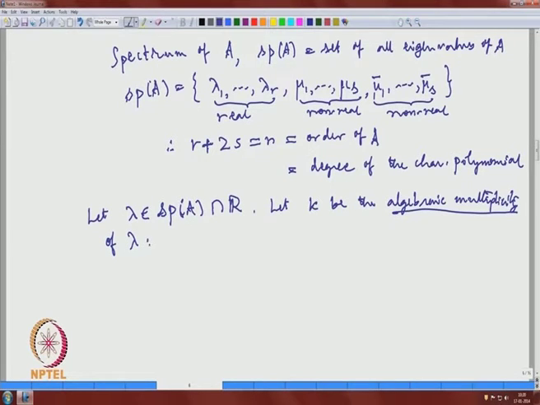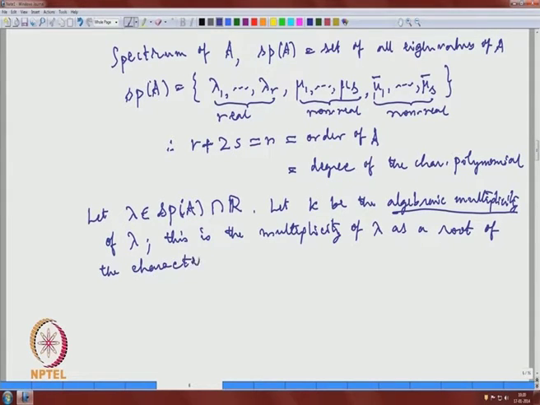Okay. So, this is the multiplicity of lambda as a root of the characteristic polynomial.